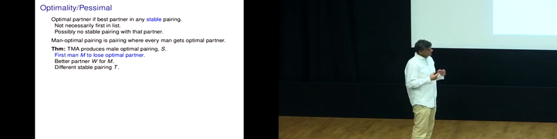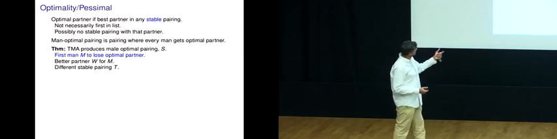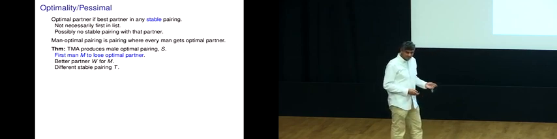So that means he has an optimal partner, let's just call that W, which is better than M's partner. And there must be another stable pairing where they're partners.